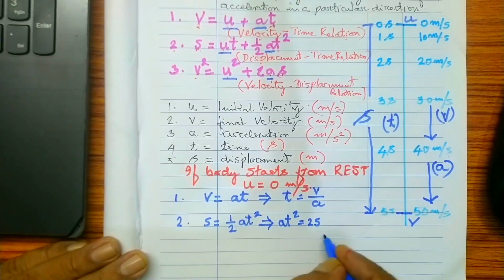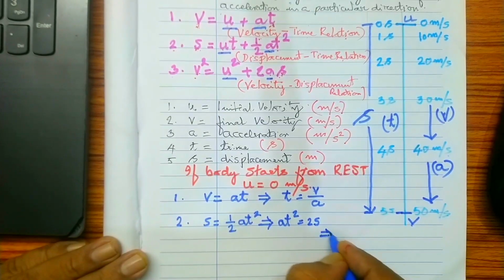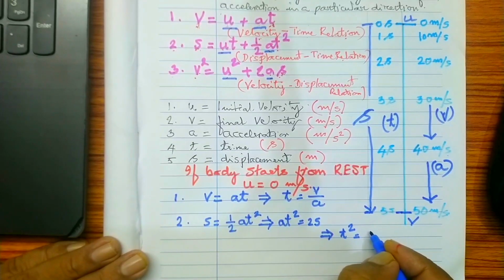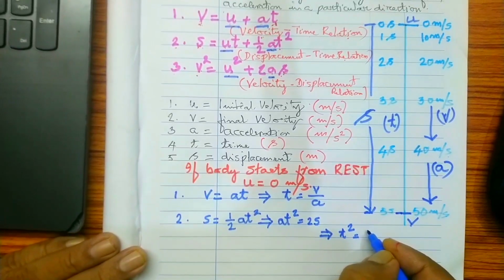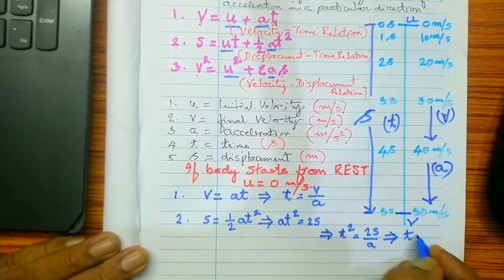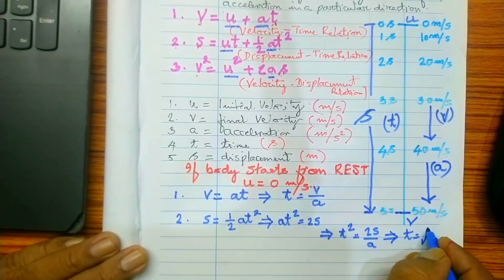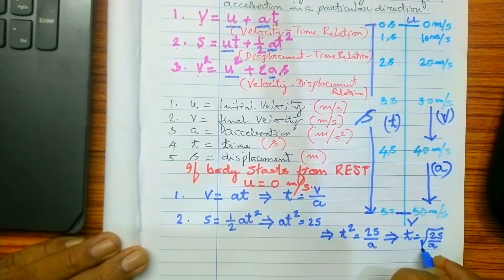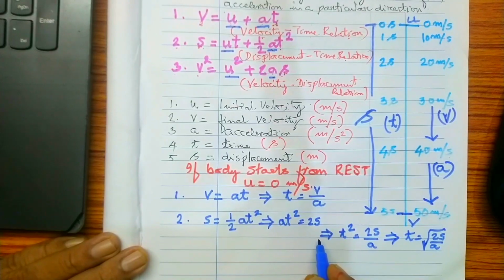From this we can say that t square is equal to 2s by a, and therefore I am writing here t is equal to square root of 2s by a, means we can calculate the time from this equation.